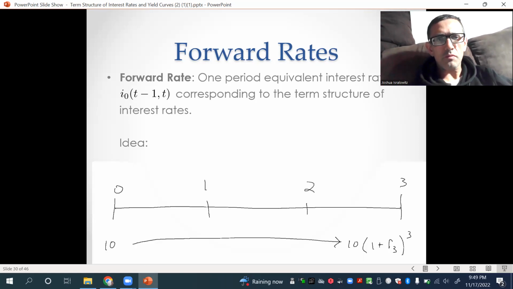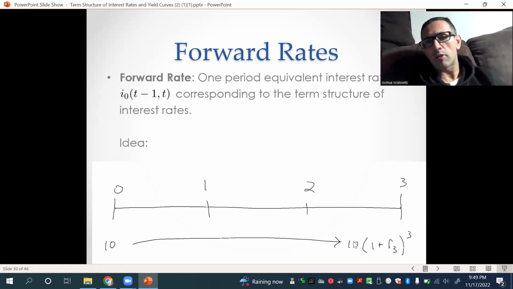Okay. So the idea is as follows. Let's say we have a 3-year spot rate corresponding to investing money right now. Let's say I invest $10 right now. So by definition, that sits in an account for 3 years, earning R3 interest per year. Then we compound that for 3 years.